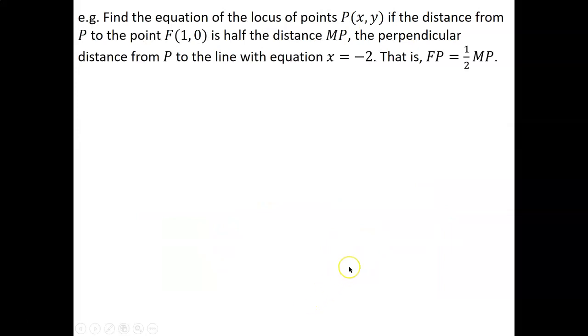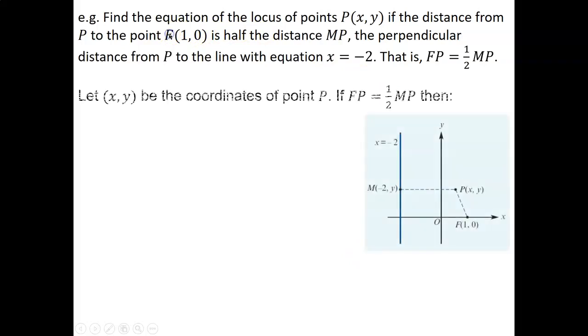Okay, so let's have a look at finding the equation of an ellipse using that kind of definition. My distance from F to P is x minus 1 all squared plus y squared square rooted. And then be really careful, it's a half times MP.